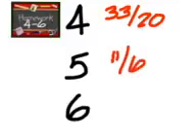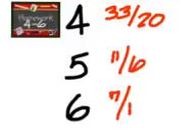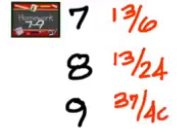Answers to 4, 5, and 6: 33 over 20, 11 over 6, 7 over 12. Answers to 7, 8, and 9: 13 over 6, 13 over 24, 37 over 40.